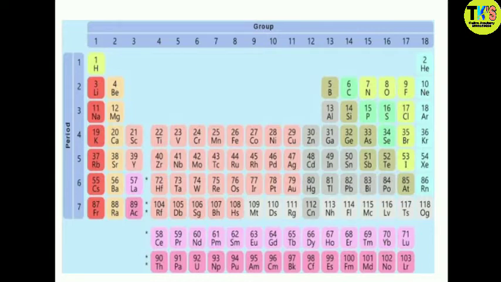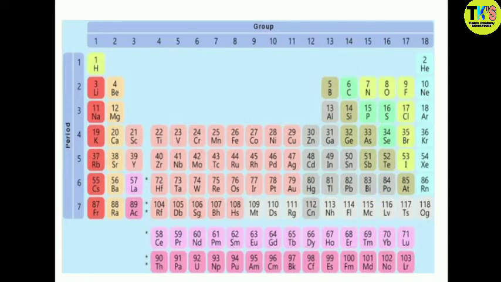The columns are called groups and horizontal rows are called periods. Furthermore, it has 4 blocks: S block, P block, D block and F block. And among these elements, carbon is one which we will study.